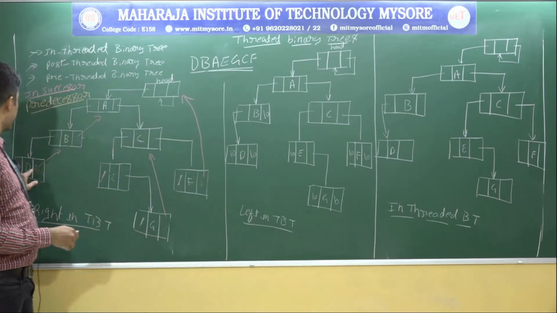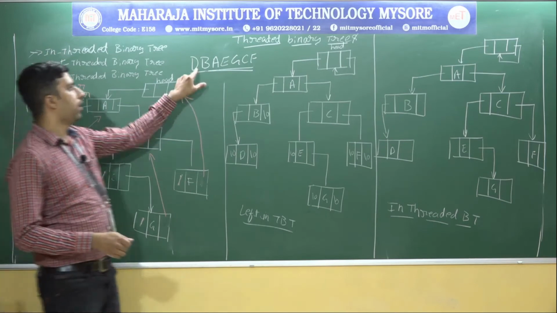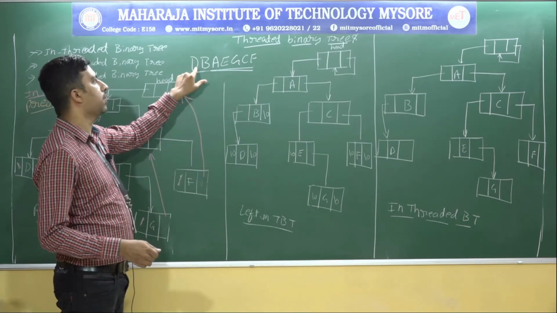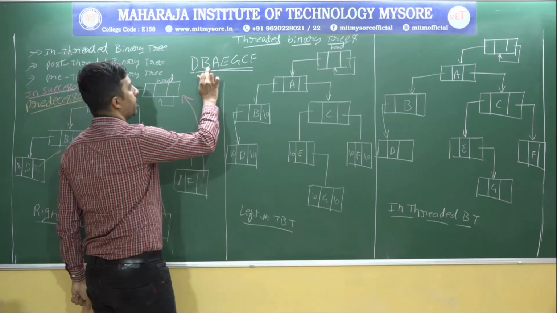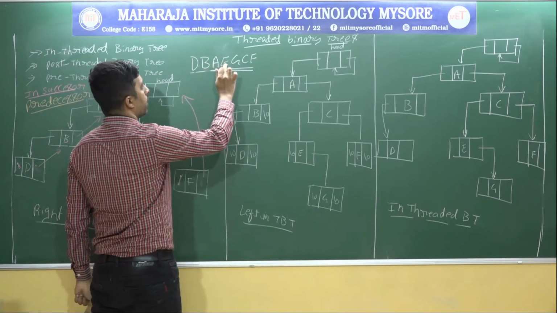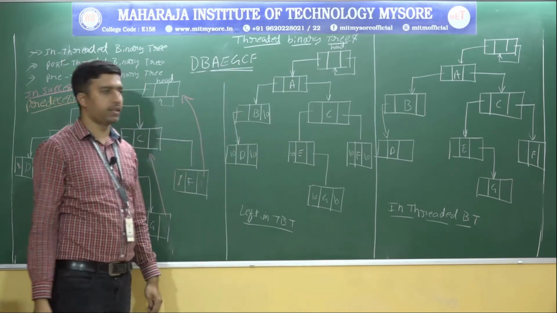After D, B is there. For B, D is the predecessor. B is the predecessor for A. A is the predecessor for E. Like that, it is supposed to come.